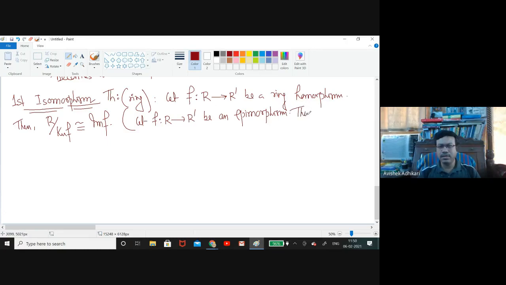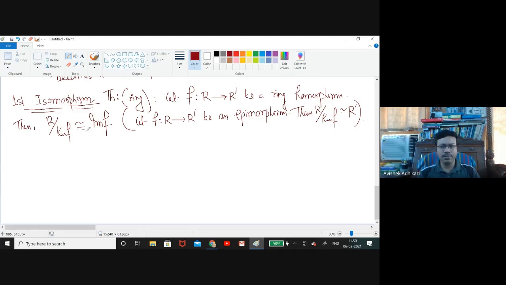Then R quotient kernel f must be isomorphic to, in that case, image f replaced by R dash, because that's an epimorphism, meaning this is an onto mapping. As a result, this is R dash.